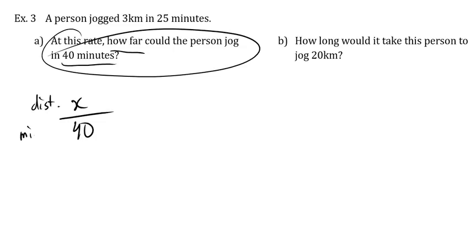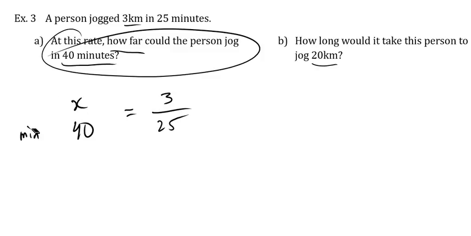So that's minutes. If they can jog distance on top 20, oops, sorry, no, that's the wrong part. Distance on top 3 kilometers in 25 minutes. So a lot of people got the same thing, but they had it flipped the other way around, which is fine. It's totally fine. Don't try to do it my way just because it's my way. Please, that's not what I'm saying. I just want to make sure that you understand all the different kinds of ways to do it.